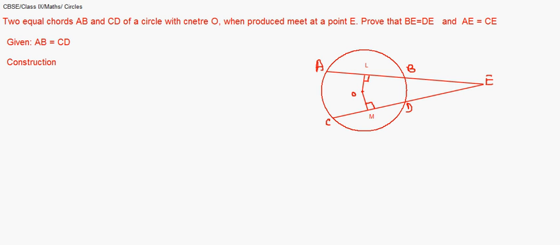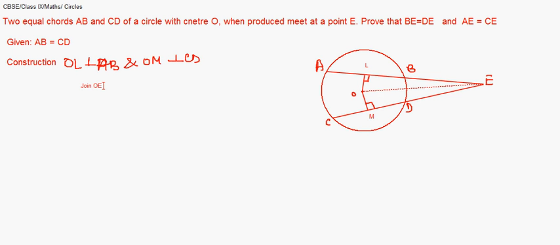Herein you can write OL perpendicular to AB and OM perpendicular to CD. We'll also need one more construction, joining OE. So you can write also join OE.